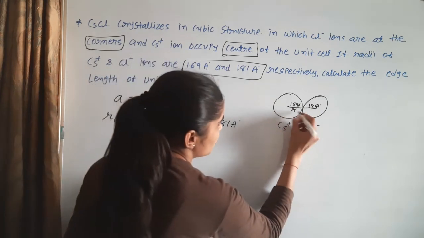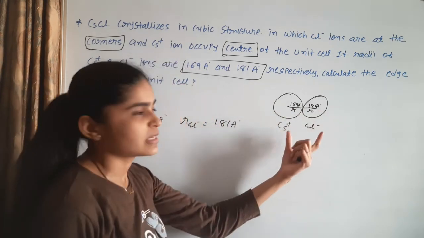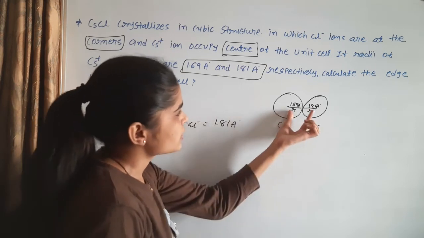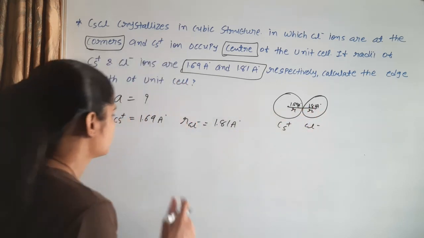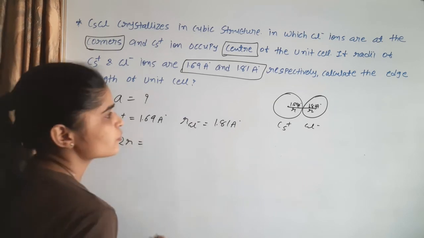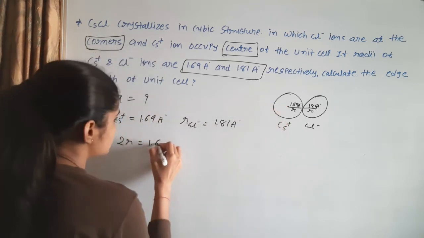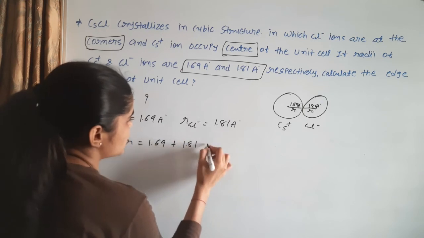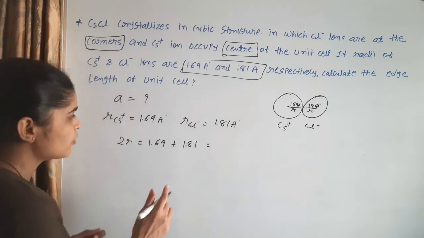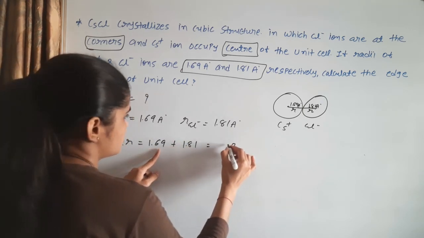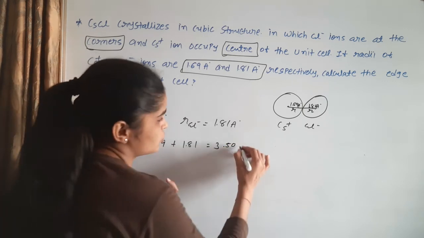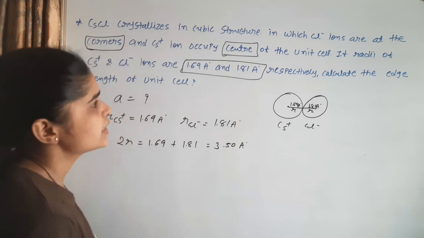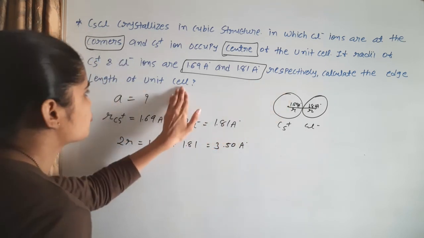This R value and this R of Cl minus, so total R plus R is equal to 2R. We write 2R is equal to 1.69 plus 1.81, which is equal to 3.50 angstrom.